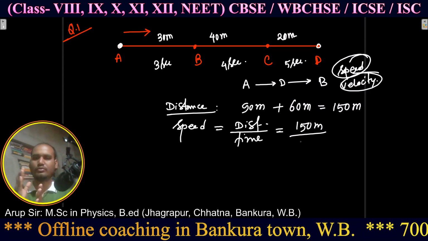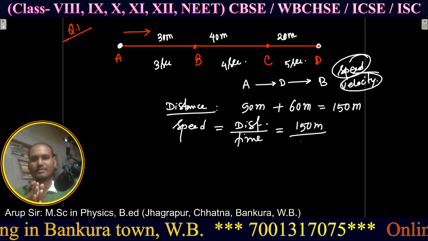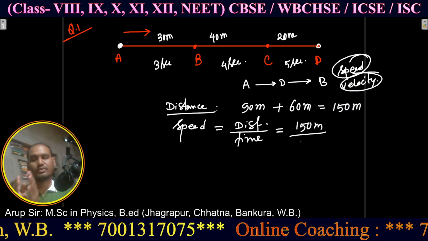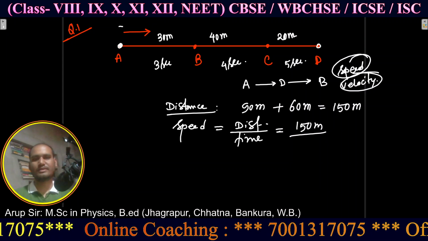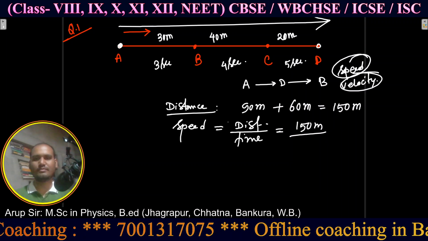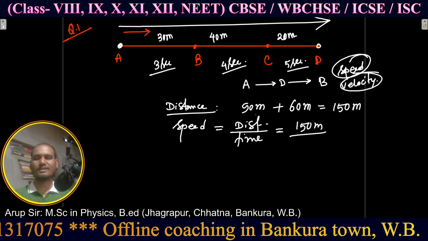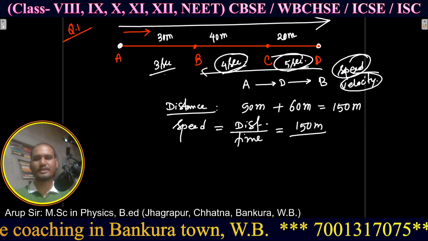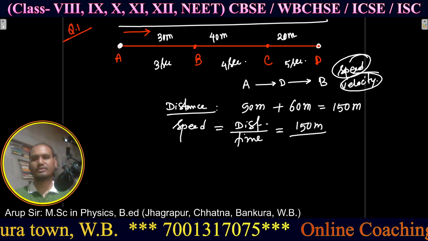If from A to D it is going, then to B, then also calculate the time taken from A to D, then add that time with the time for D to B. How much time is it taking? 3, 4, 5, add this, how much will you get? That is 12 seconds. And then returning means how much time? 5 plus 4, 9. So 12 plus 9. This is how you can calculate the total time.